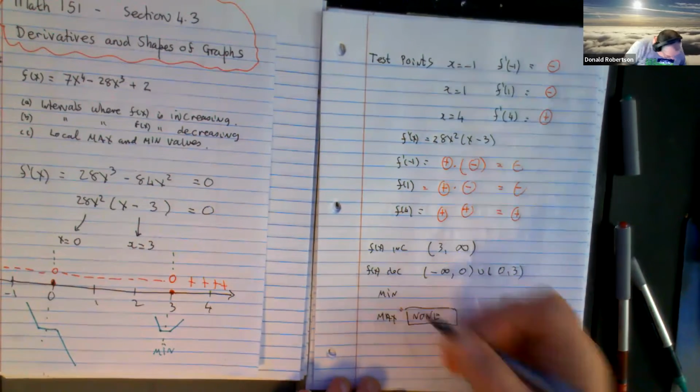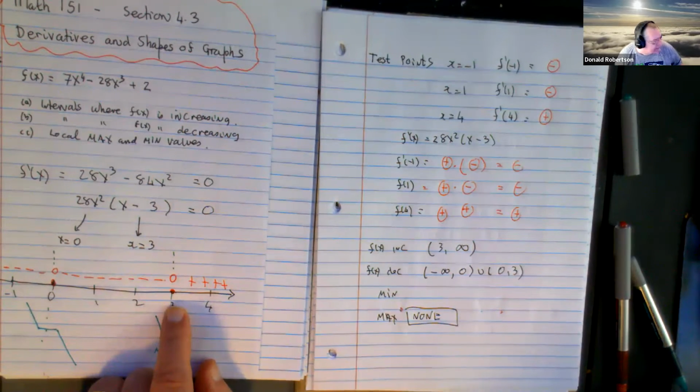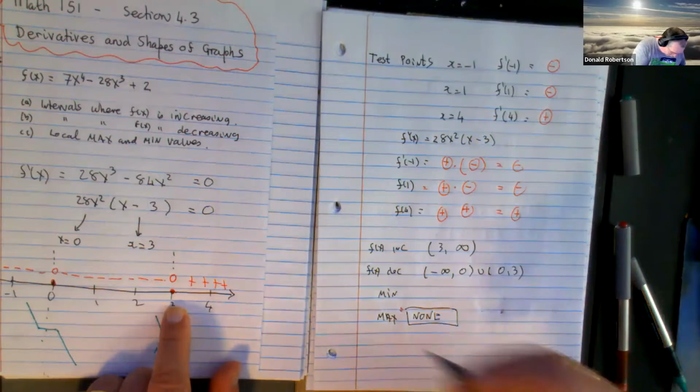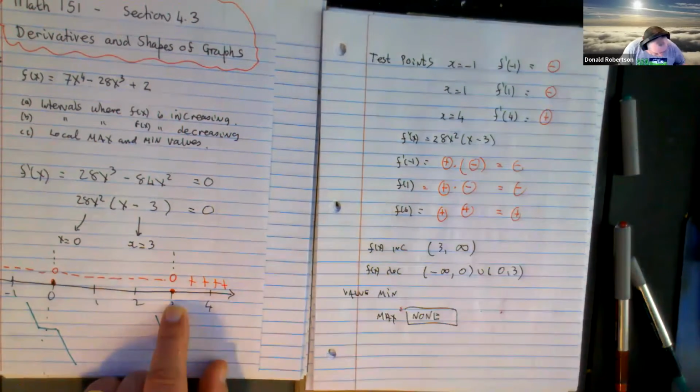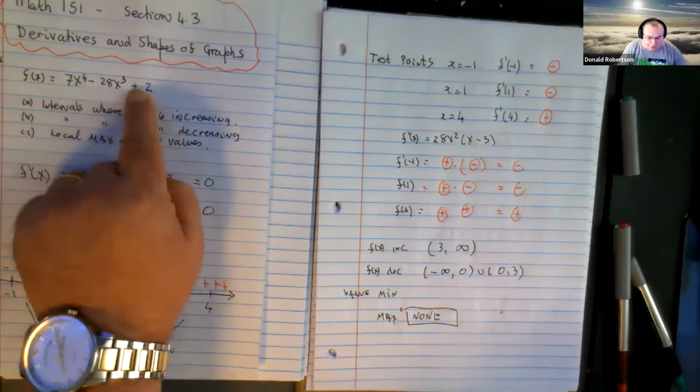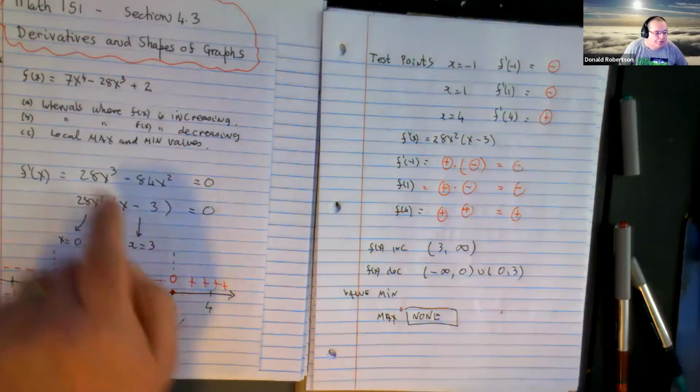And for the minimum, you don't put 3 in. I believe they want to know the value of the minimum. So what you do is you find out what the function is equal to at x equals 3.